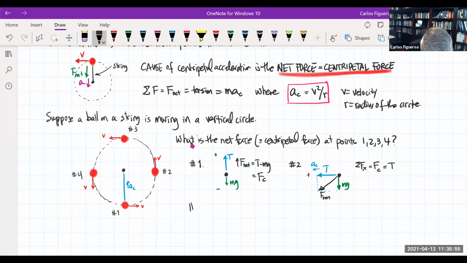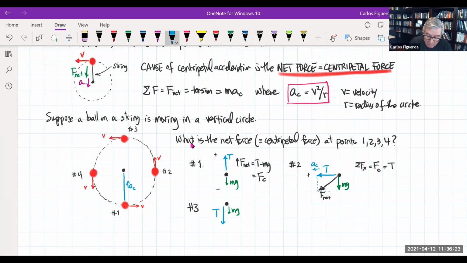And then if I go to point 3, look what I'm seeing here. At point 3, you're seeing that this time there are two forces acting. In fact, I'm going to put it up here. And what you're seeing here is that there's mg and there's tension.